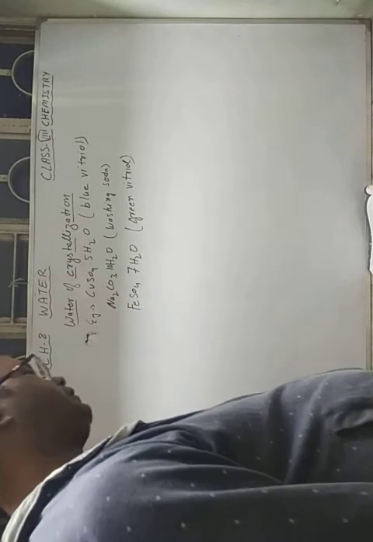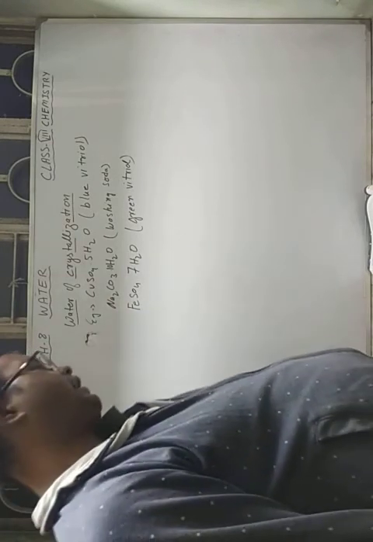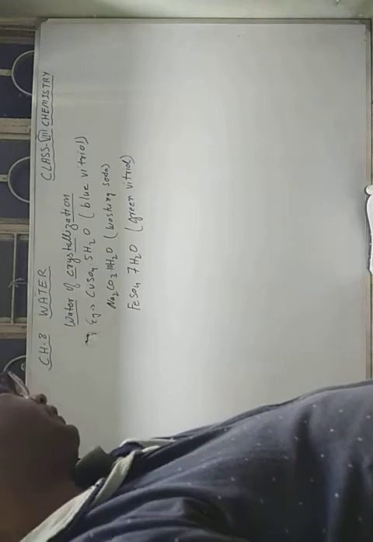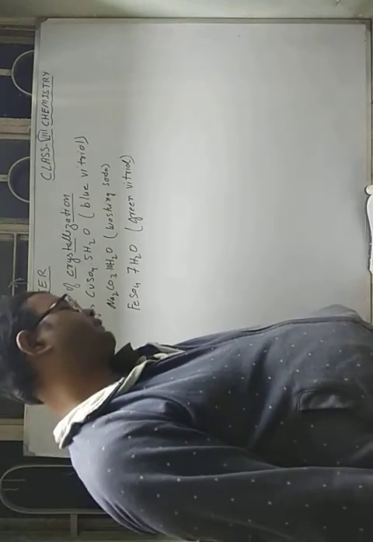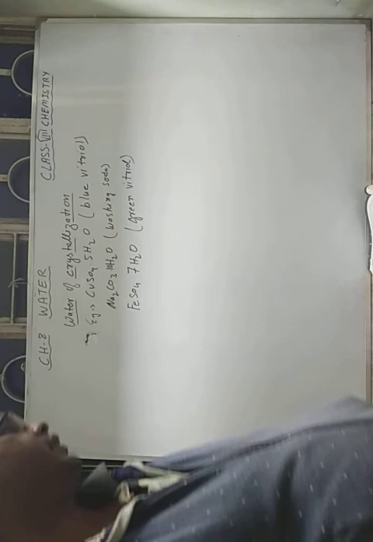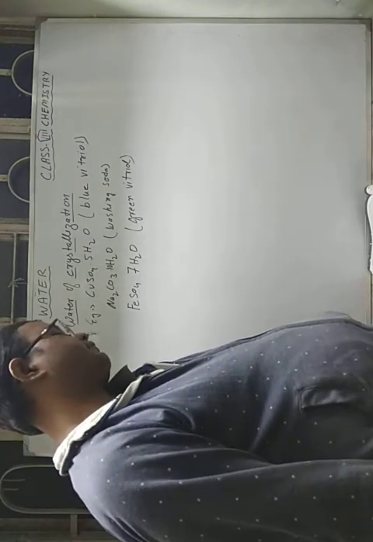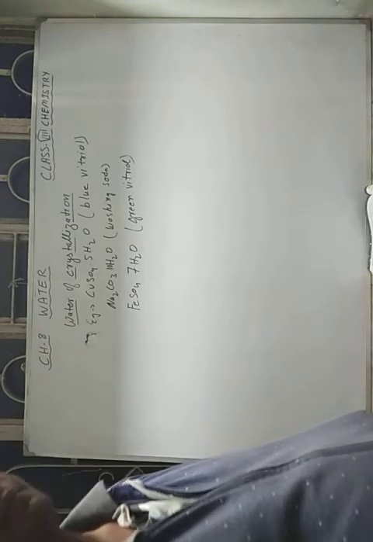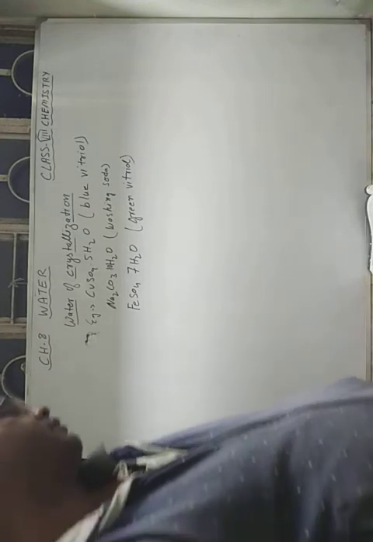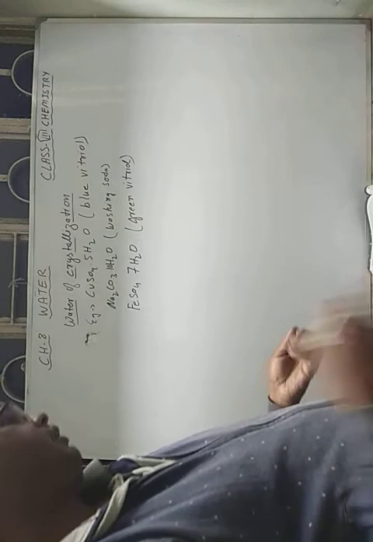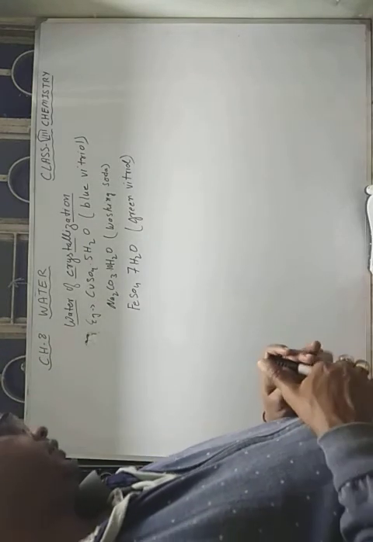After that is sodium sulfate decahydrate, that is Glauber's salt. After that, magnesium sulfate heptahydrate, that is called Epsom salt. And ZnSO4.7H2O, that is zinc sulfate heptahydrate. It is also called white vitriol. So many examples are there of water of crystallization.